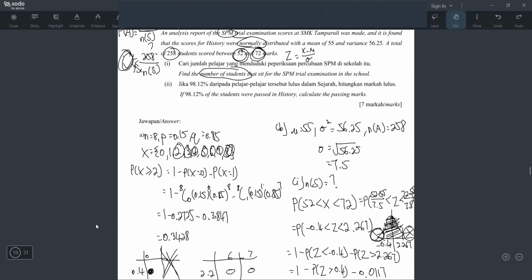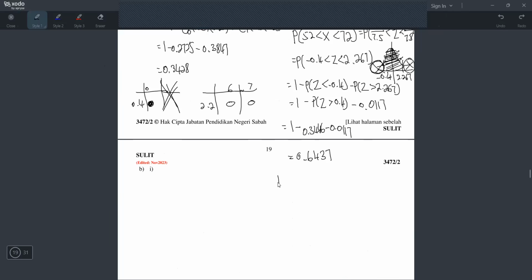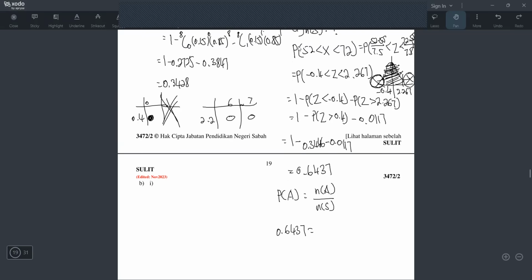So what you have to do now, you have to use this formula. P(A) equals n(A) over n(S), right? And in this case, the A is for students that scored between 52 and 72 marks. So the probability of A will be 0.6437, which is the probability that a student scored between 52 and 72 marks.